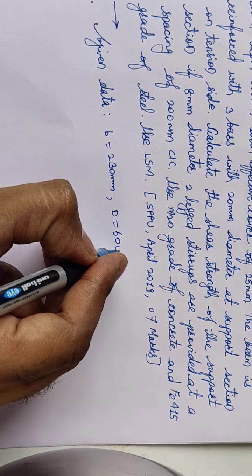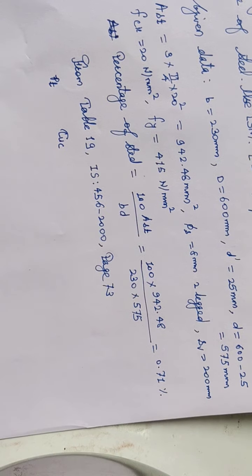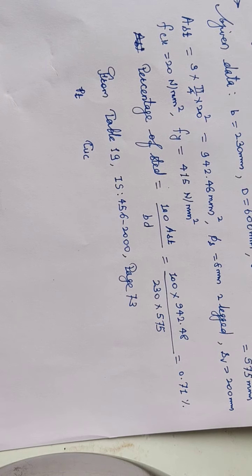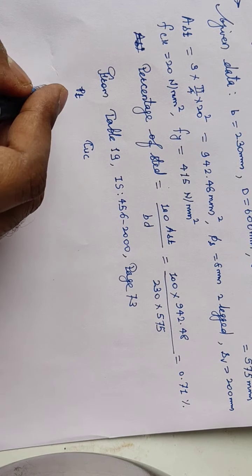Now we have to refer IS 456. In IS 456 we have to go to page 73, table 19. So I'll write here the reference for you: from table 19, IS 456 2000, page 73. You go to this page in IS code and you refer this table where ultimate shear strength of the concrete for different percentage of steel is given.